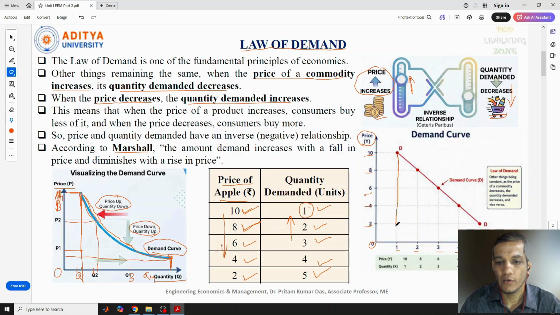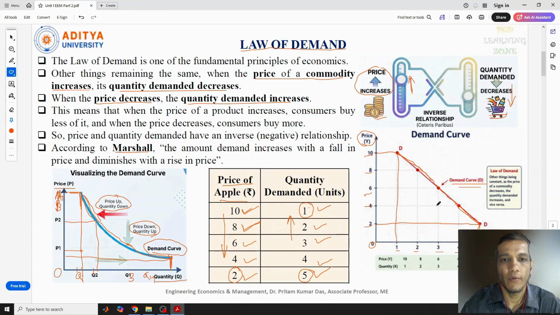Similarly, at the last point, the price of the apple is 2 rupees, and the quantity demanded is 5. If you plot all these points, we get this graph. This inclined line is called the demand curve. The demand curve is always downward sloping.